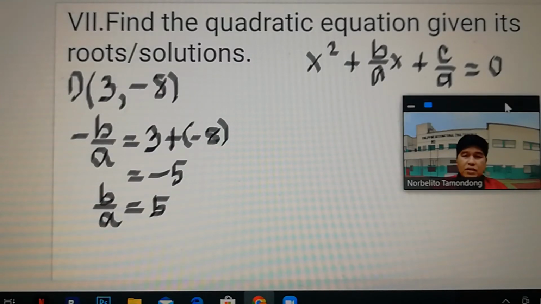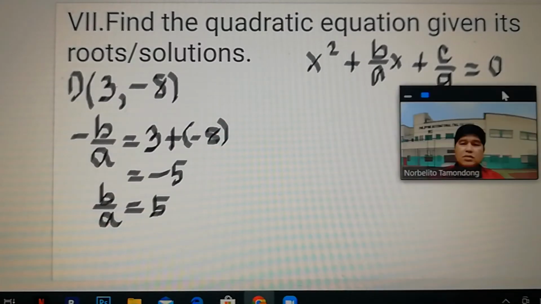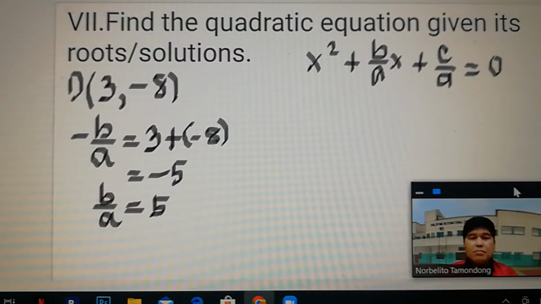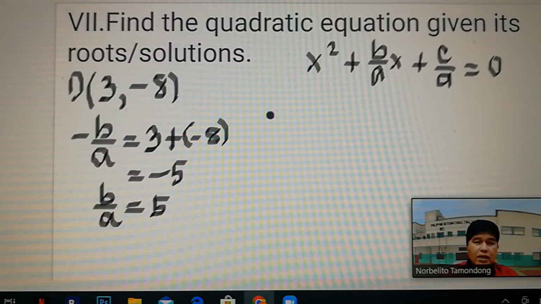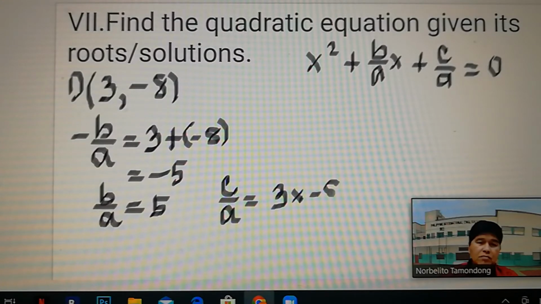Next, we find the product of the roots. The product of the roots is simply equal to c over a. So c over a is equal to the product, 3 times negative 8. What is 3 times negative 8? That is equal to negative 24.